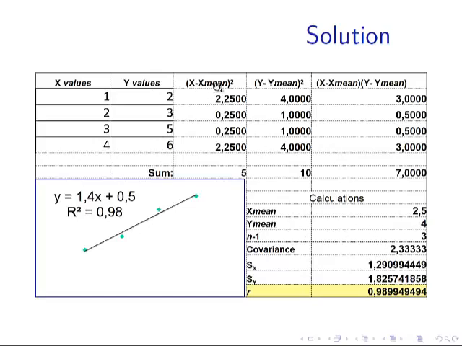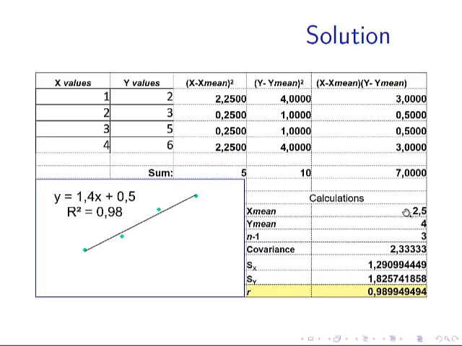X minus x mean. From the value 1, you subtract 2.5. What does it give? 1 minus 2.5 is minus 1.5. The square of this is 2.25. For the next value, from 2 you subtract again 2.5. It gives you 0.5 with negative sign, of course.